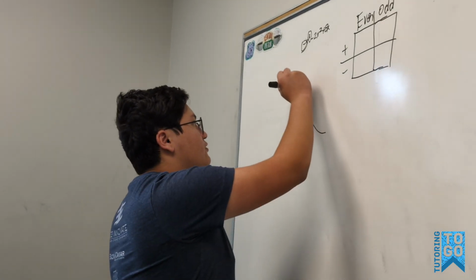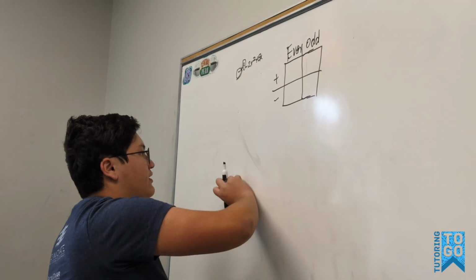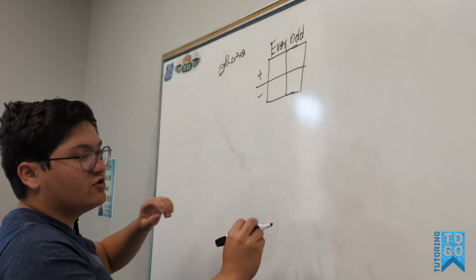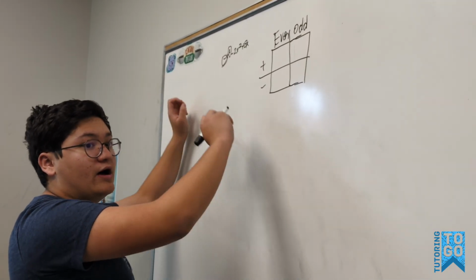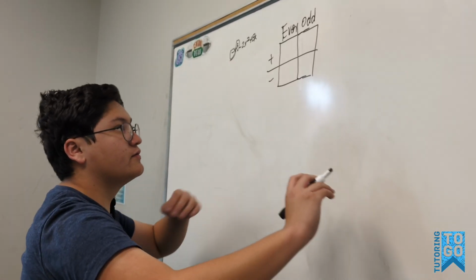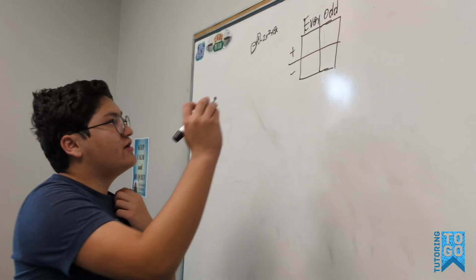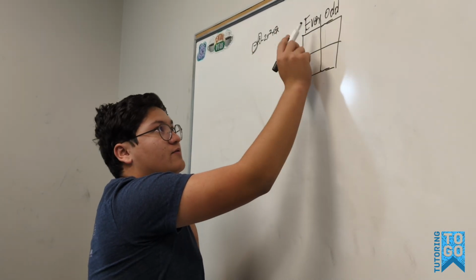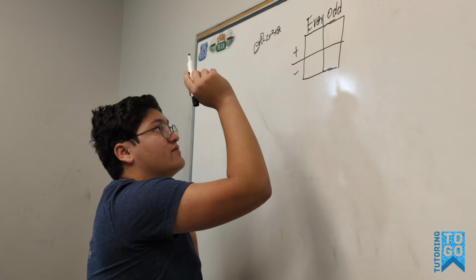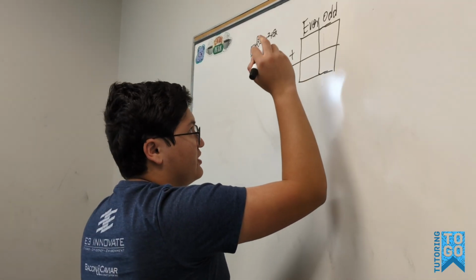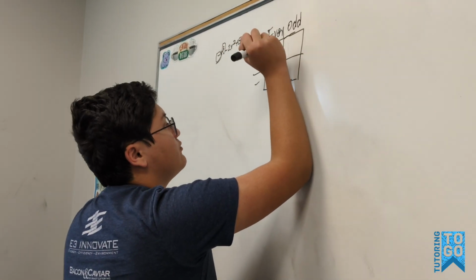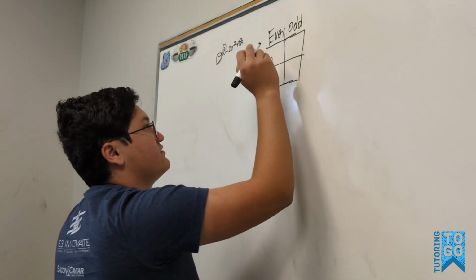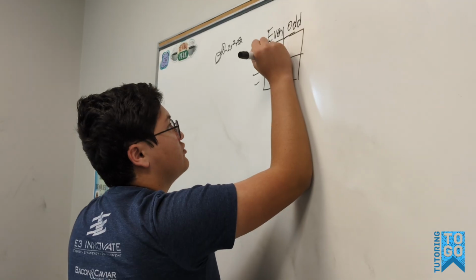Here's how end behavior works. We're trying to find out where the function goes: does it go towards positive infinity or negative infinity in the y-axis? With this table, if the largest exponent is even and the coefficient is positive, from the left it will approach positive infinity in the y-axis, and from the right it will also approach positive infinity.